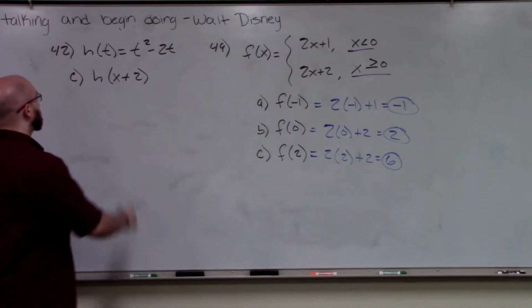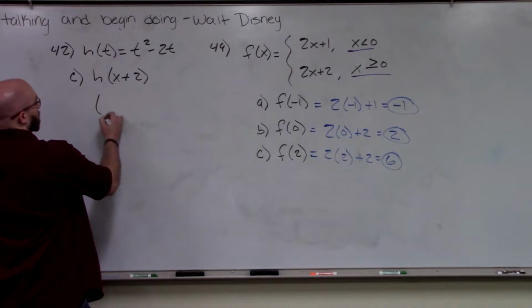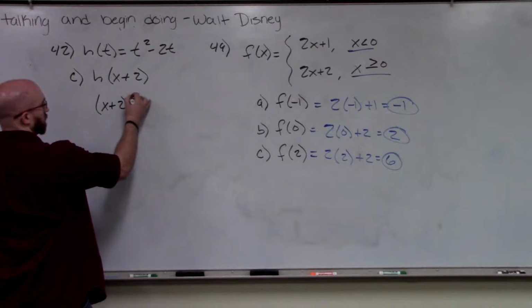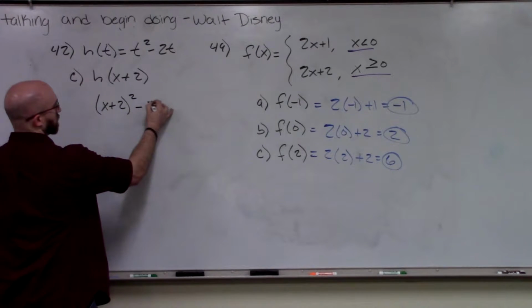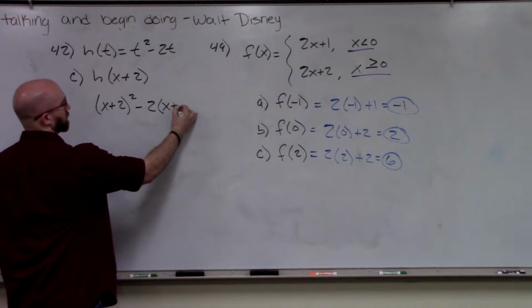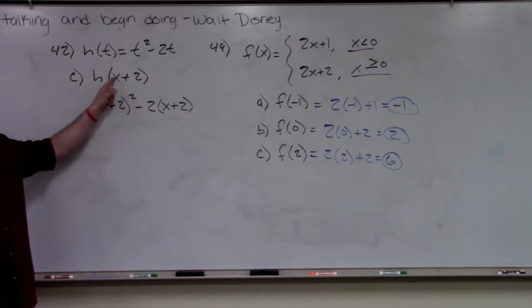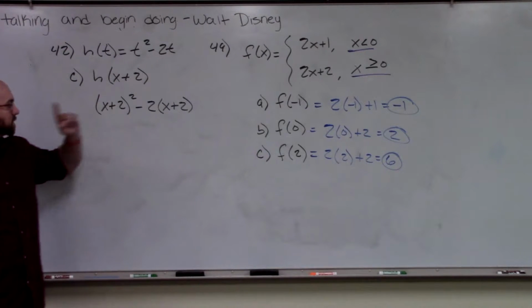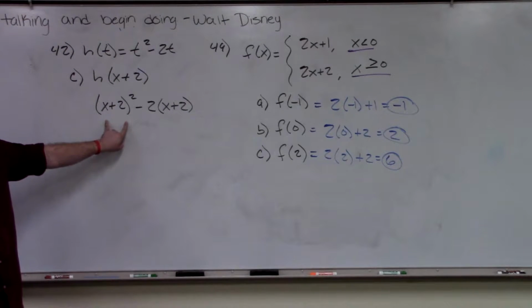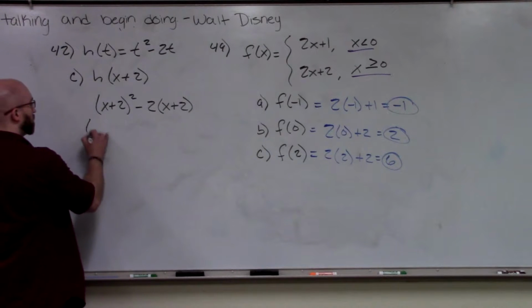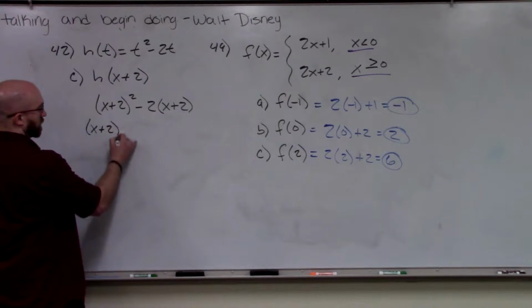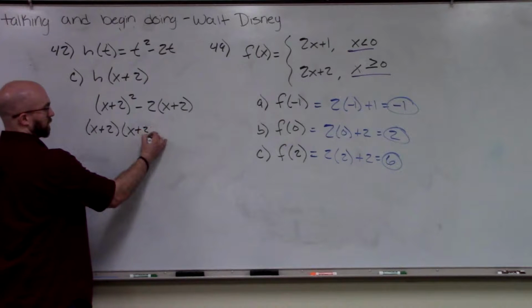Okay, so that means we're going to get (x plus 2) squared minus 2(x plus 2). Again, wherever I see t, I plug x plus 2 into it. Now, with this, we have to FOIL this. So this becomes this.